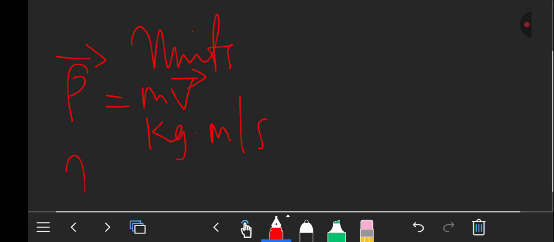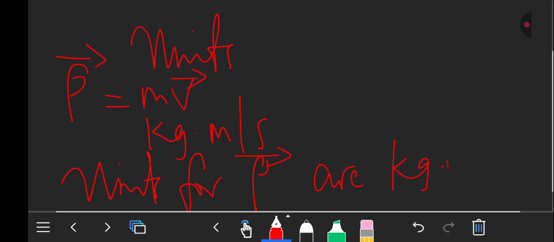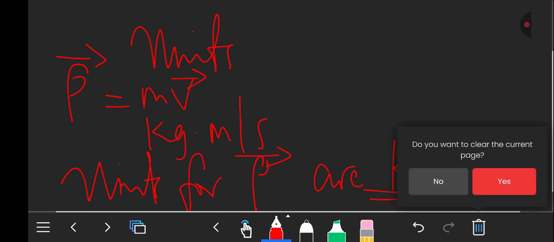So the units for linear momentum are kilogram meters per second. These are the units which we can use when dealing with linear momentum.